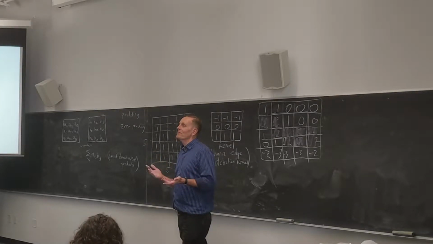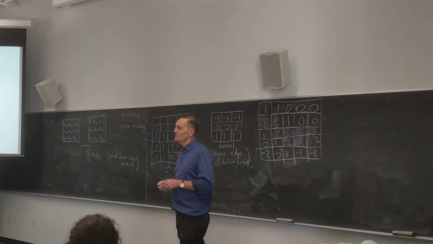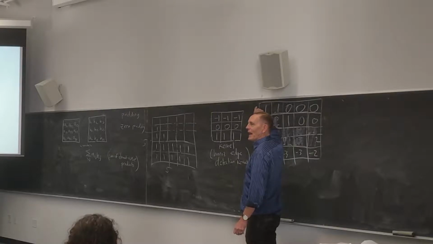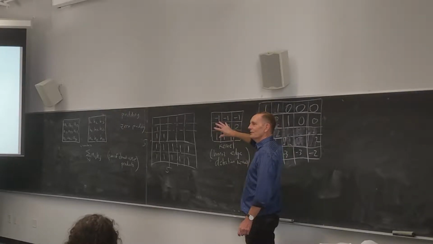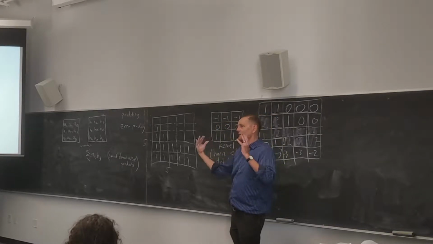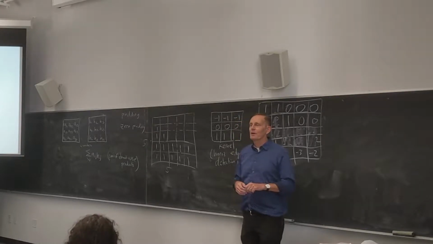Why would we want 5 by 5 and not 4 by 4? Do you have any thoughts? And I'll give you a hint. It's the word that used to be written here, centered at such and such a location, right? So if we want it to be centered, then, and we want it to do the same on both sides, then it has to be odd. So we can use a 3 by 3, we could use a 5 by 5.